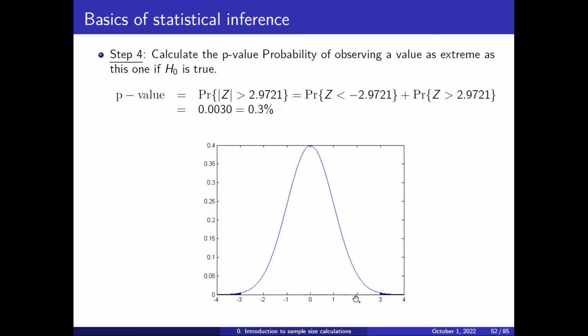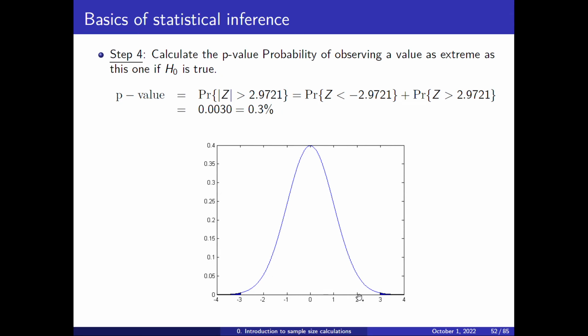So at this point, 1.96, the blue area to the right is 2.5%, and the blue area on the negative side would also be 2.5%. So in total 5%. So I know that if your set is larger than 1.96, I'm sure that you will reject the null hypothesis.